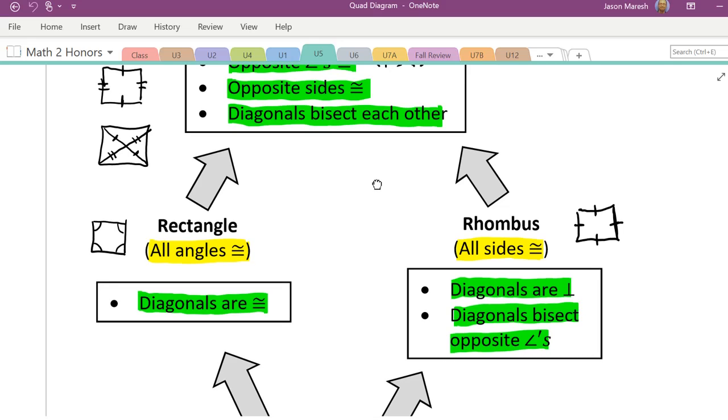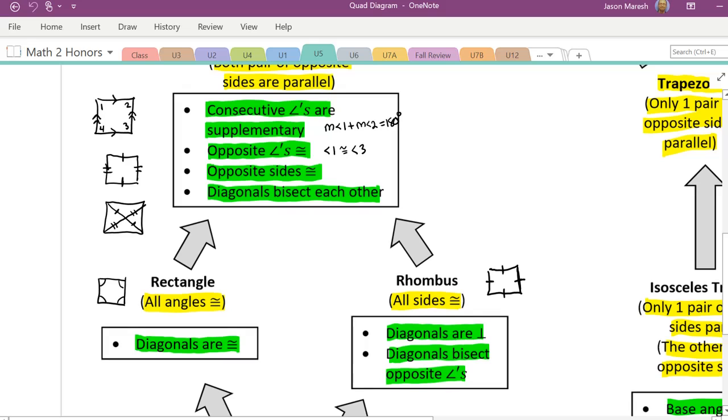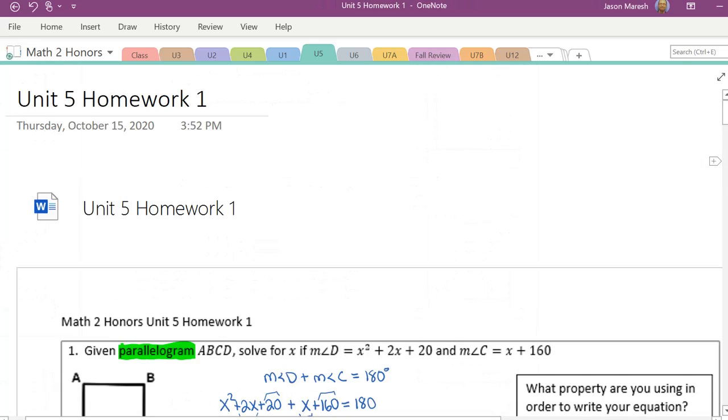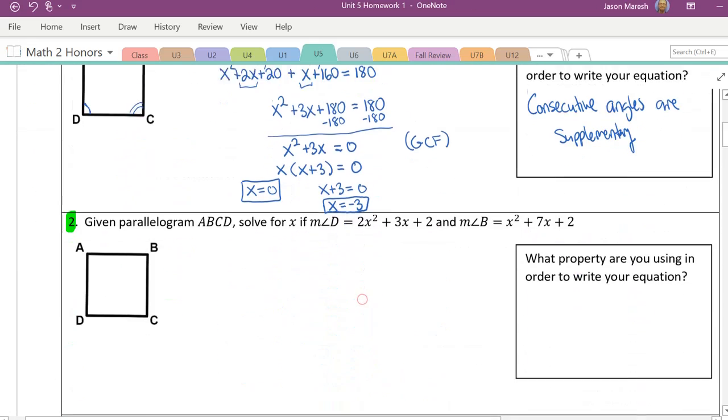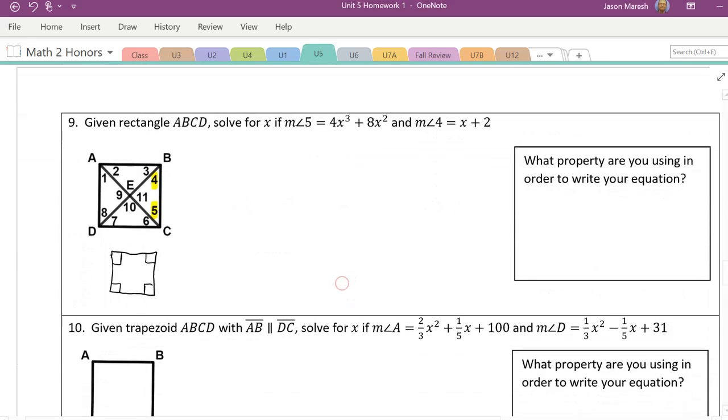specific to a rectangle. But remember, a rectangle is also a parallelogram, so all the properties of a parallelogram apply to this as well. So consecutive angles are supplementary. Let's think about that one. So in our picture here, supplementary angles are, well, we already know that because two angles next to each other, the ones I'm circling, are going to add up to 180 is what it says.